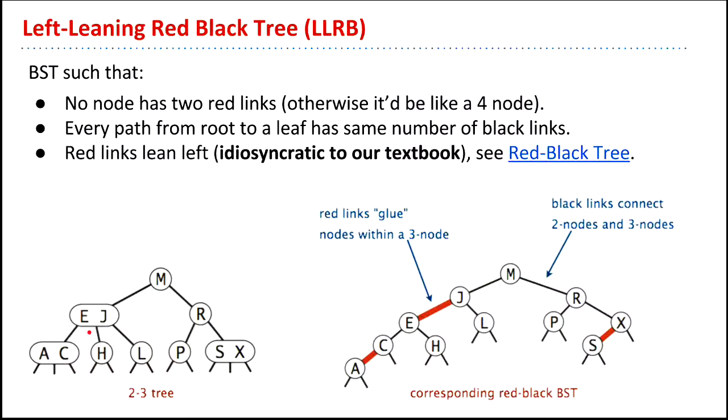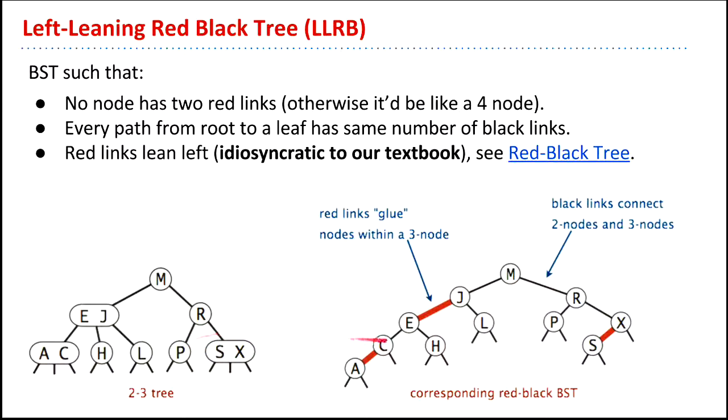So we're going to say that our analogous left-leaning red-black tree is only going to have 1 red link per node. Okay? Another rule is every path from root to leaf has the same number of black links, and red links lean left. Okay? So the idea behind this second rule here is it imposes some sort of balance on our left-leaning red-black tree.